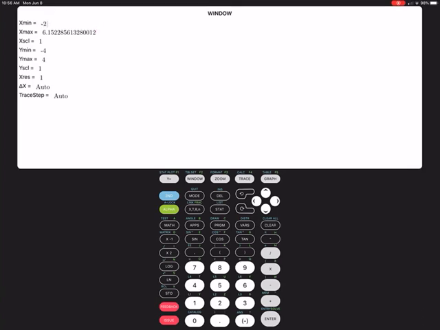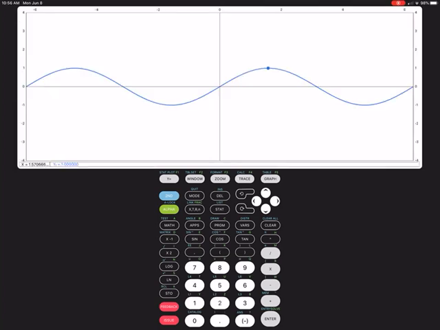And you can always manually change it. I could put in here negative 2 pi, and I could put in 2 pi for the X max if you wanted to build the trig window. And again, the scale here is pi over 2. That will be your scaling on the x-axis. So again, you can build that in there and see the graph.